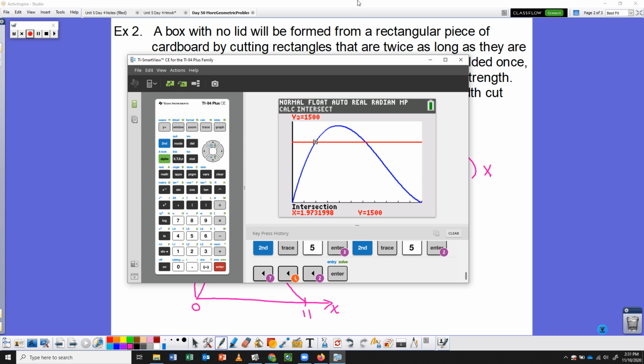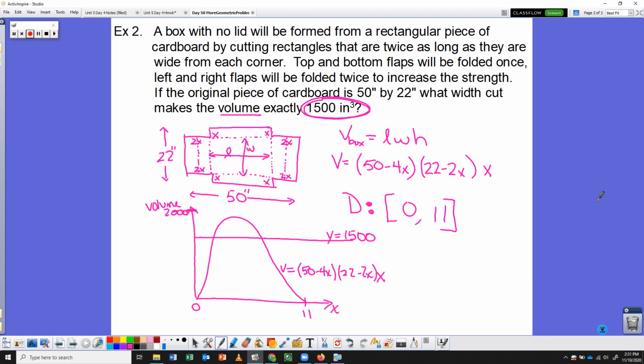Okay, so the answer to this question is the two different x values that would cause my volume to turn out to be exactly 1500 cubic inches were 1.97 and 6.20. So x equals 1.97 or 6.20.